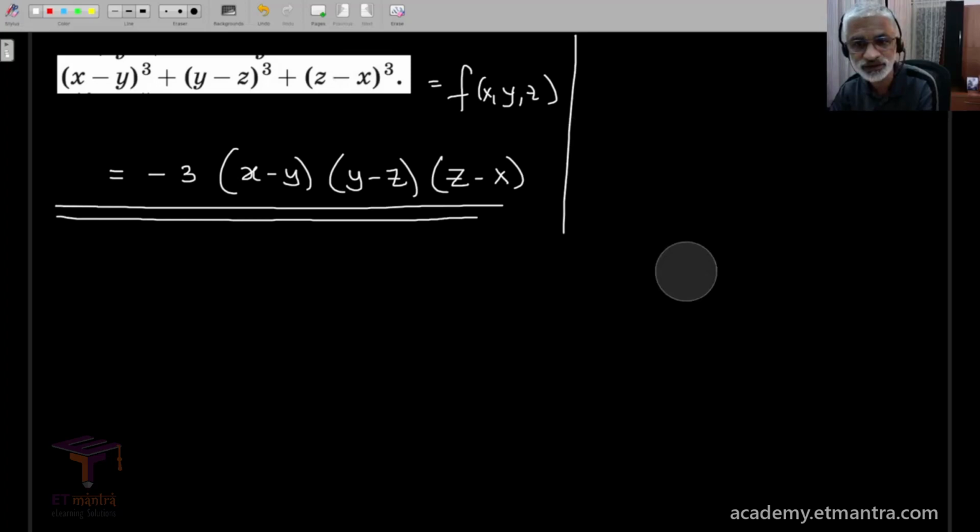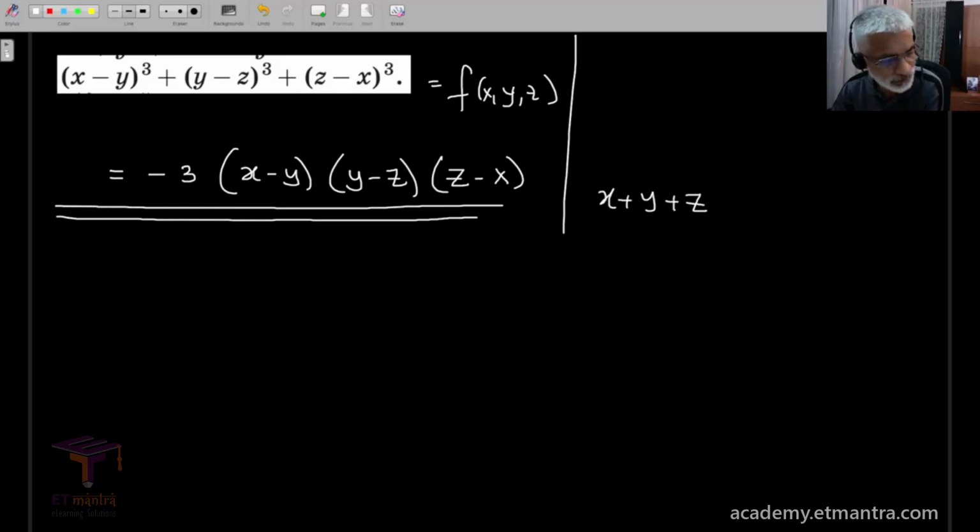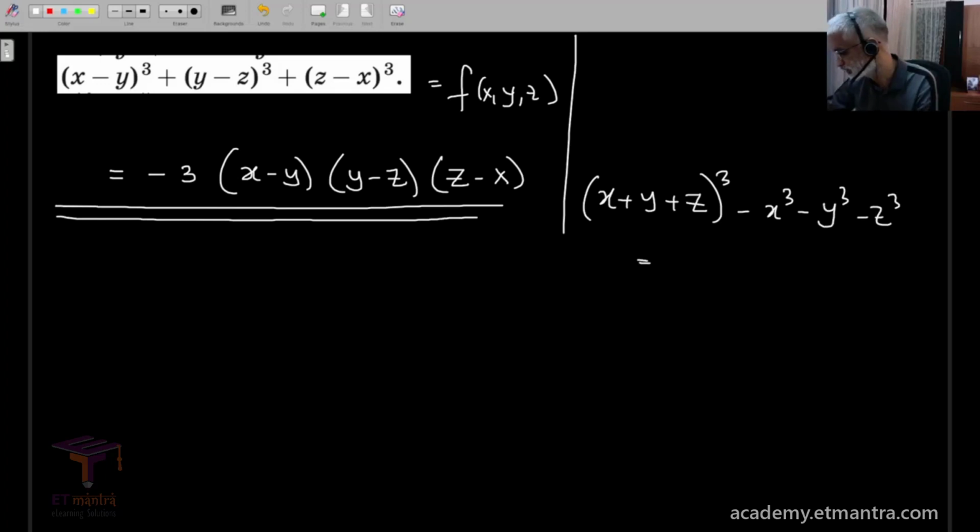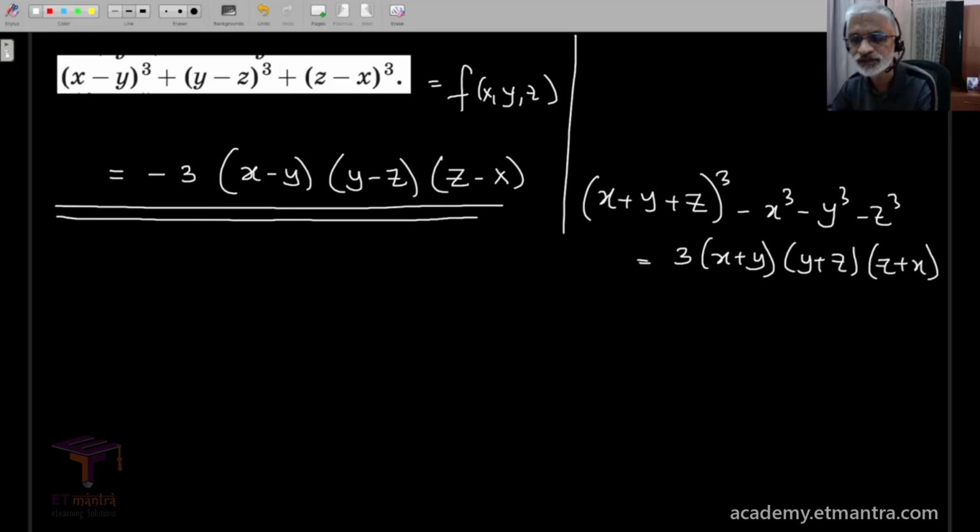What we just did was x plus y plus z whole cube minus x cube minus y cube minus z cube is equal to 3 times x plus y, y plus z, z plus x.